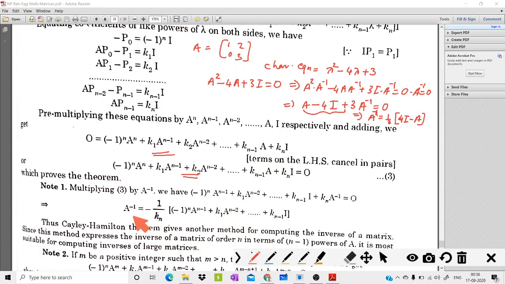We are not evaluating the adjoint, cofactor and all. We will consider only the characteristic equation and solve for A inverse.